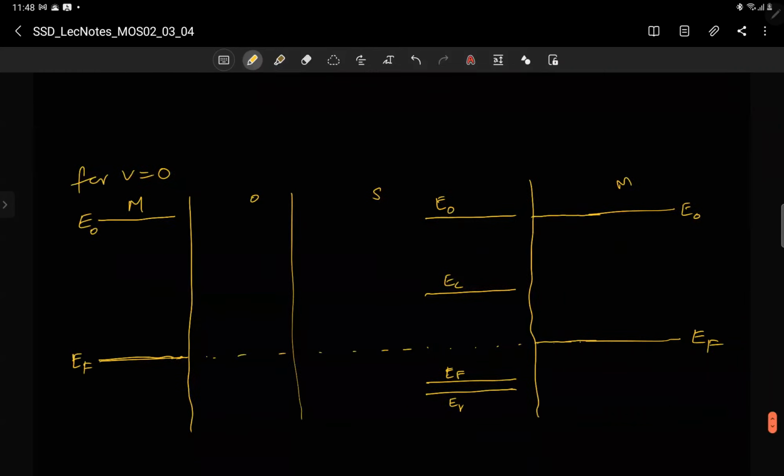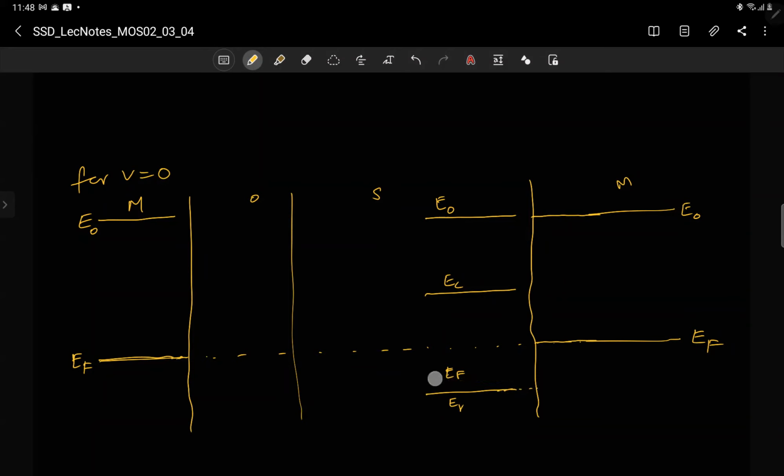So the semiconductor bands go up. Okay, why? Because you have to match with EF here. So EF goes up, so this is EV.